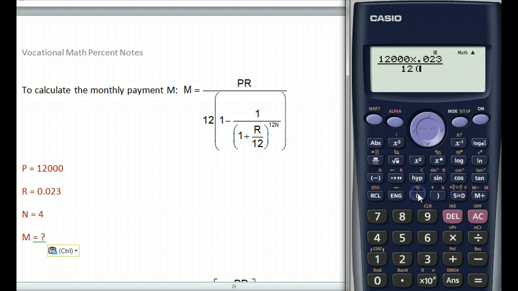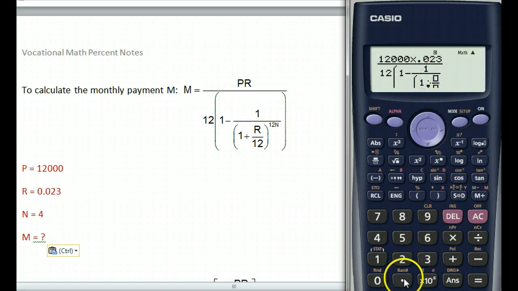Then we move down to the bottom and write 12. Then we open parentheses, 1 minus, and then I need another fraction. I hit the fraction bar again, 1 on the top, and then the denominator has parentheses, and I write 1 plus my r, which is 0.023. But that's supposed to be divided by 12, so I need another fraction.